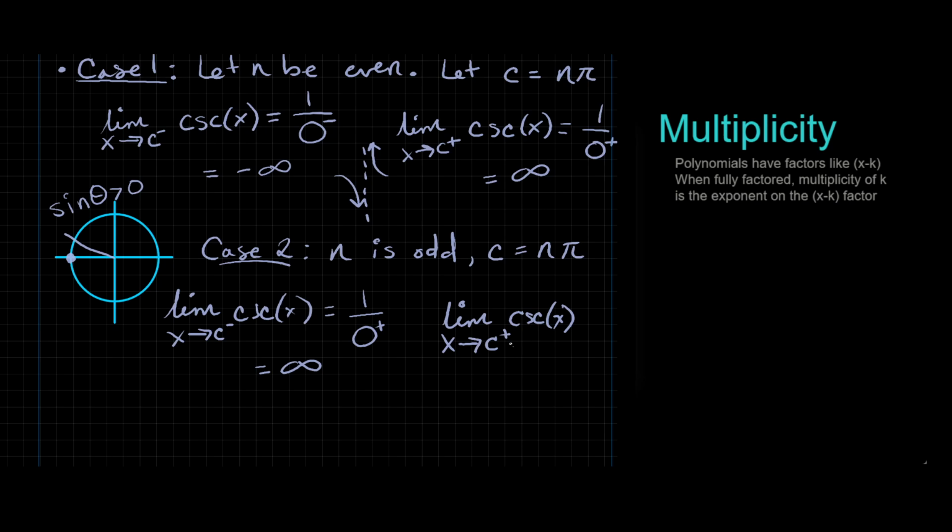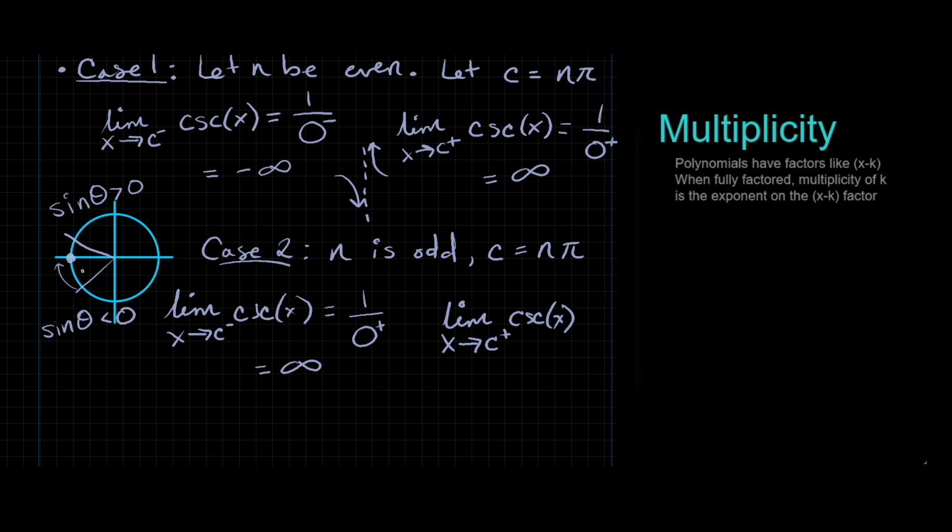Okay? What about if x goes to c from the right? X going to c from the right means you're approaching from bigger angles. What kind of angle is bigger than pi? Here's one. This angle is bigger than pi. So we're going to approach from that direction. Down here, sine is negative.